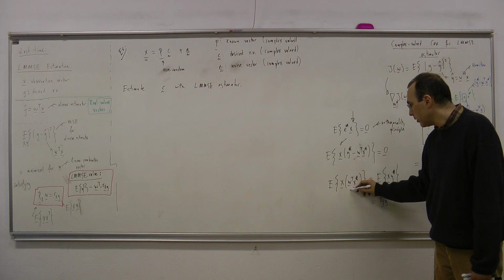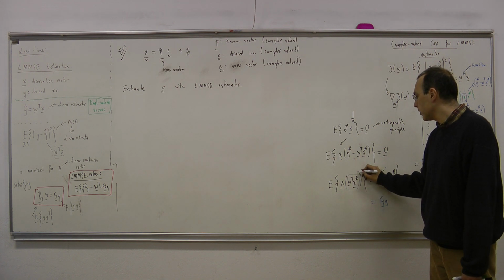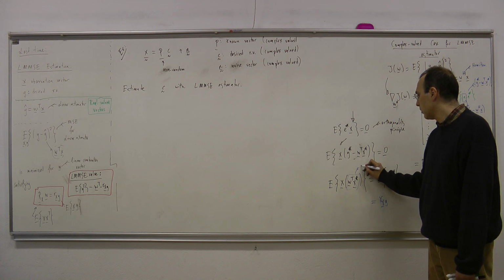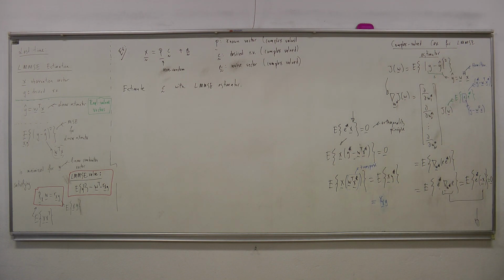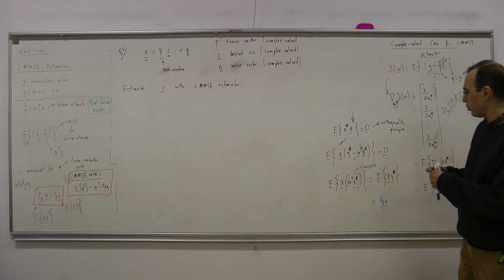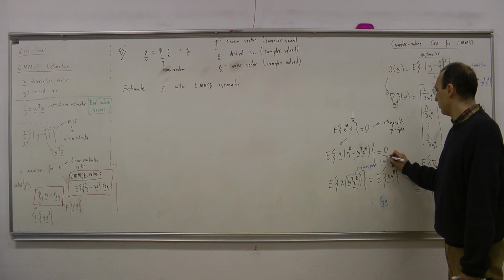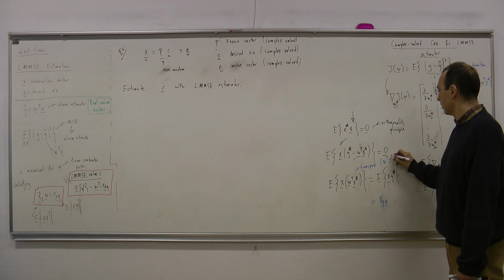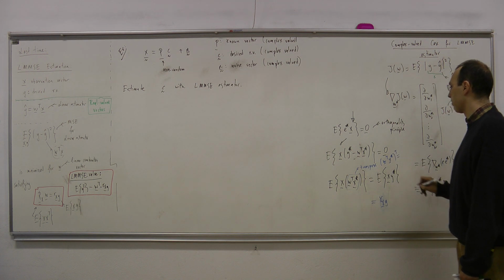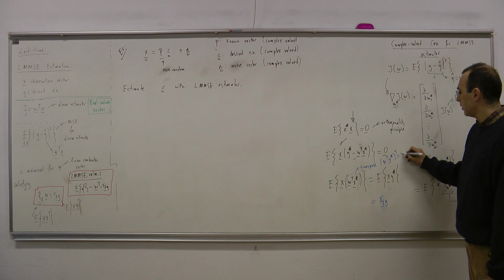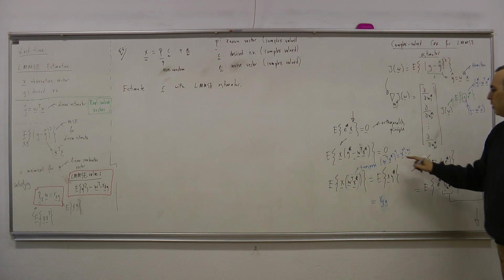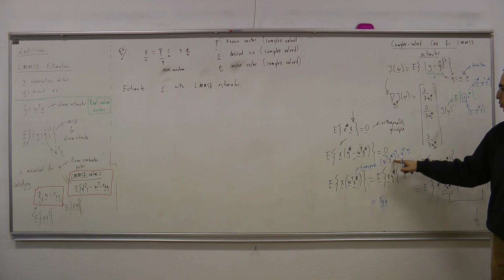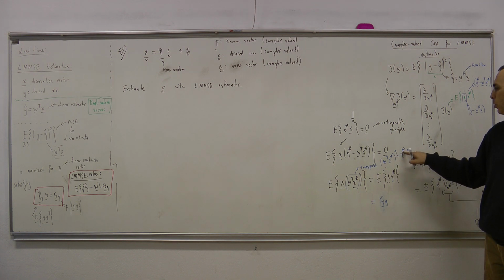Now, since this is a scalar, can I take the transpose of this? If I take its transpose, what would I get? Okay, so I get this. I have x Hermitian times w, because x conjugate transpose is Hermitian, and w transpose is w.